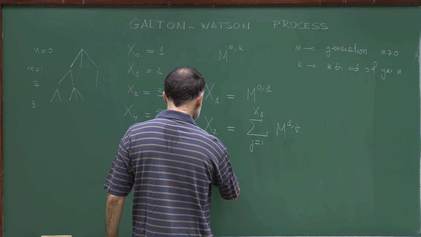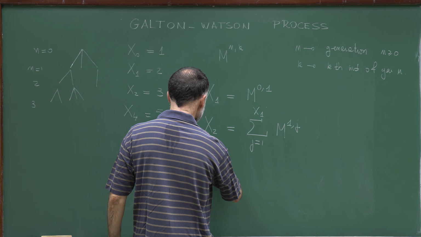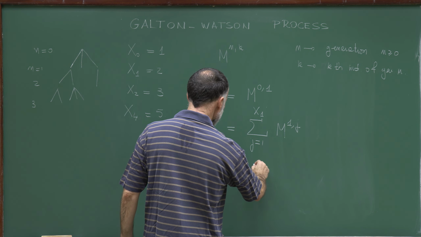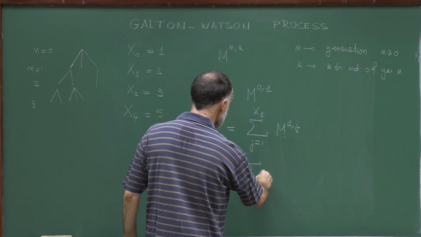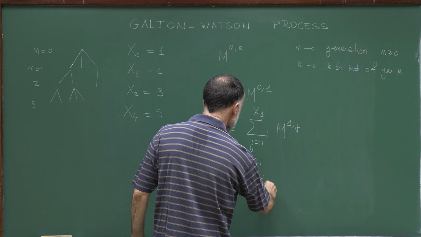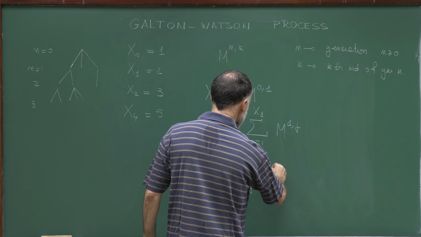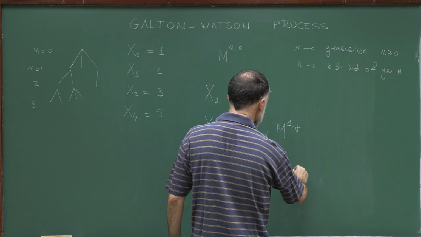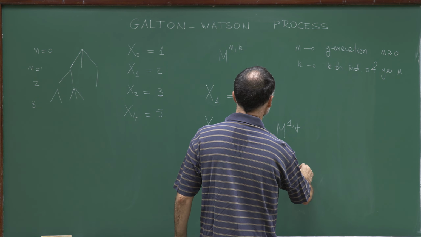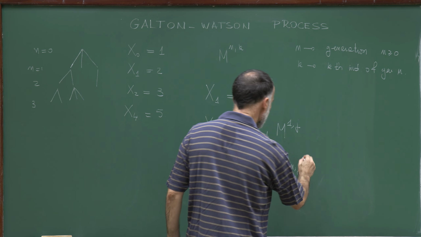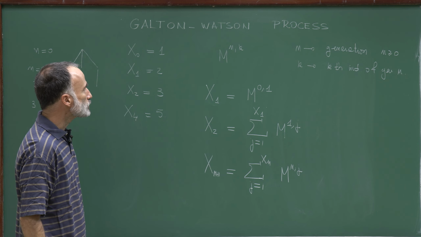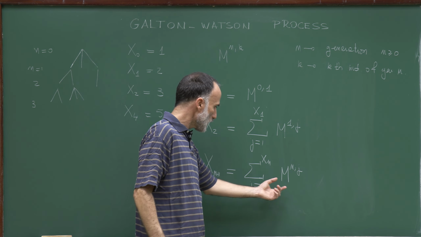And more generally, for any n, x_{n+1} will be equal to the sum from 1 up to x_n of m_{n,j}. And I hope I have the right notation, and this is exactly so.